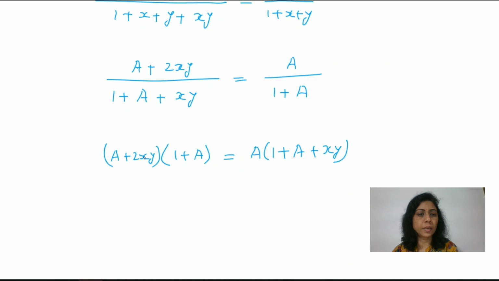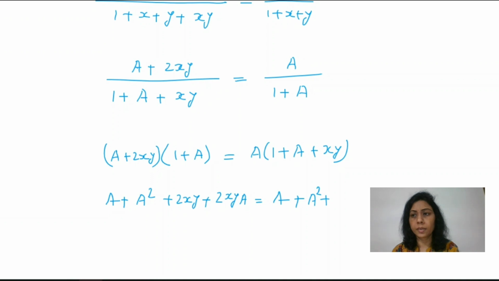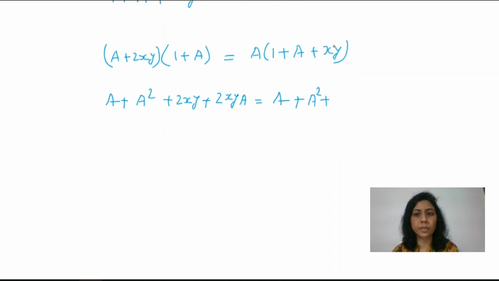So a multiply 1 is a, a multiply a is a square, 2xy multiply 1 is 2xy plus 2xy multiply a, so 2xya. On the right, a multiply 1 is a, a multiply a is a square, and a multiply xy is xya.